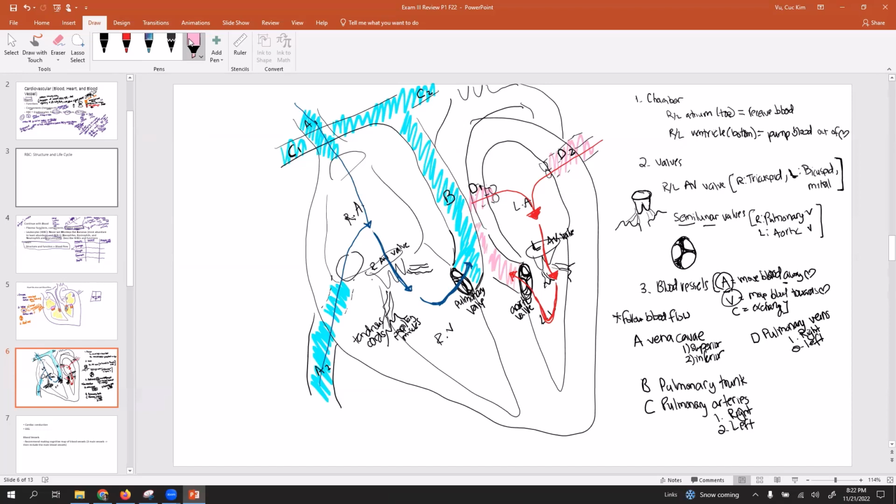This next blood vessel right here has 3 parts. Let me label it and then I'll have you tell me what it is. It's E, so E1, E2, and E3. What is E in general? Aorta. What is E1?